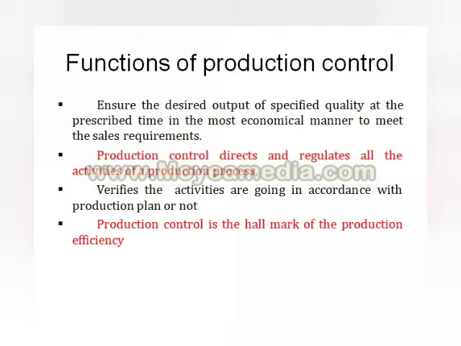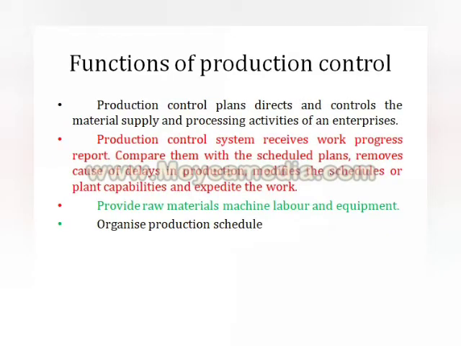Here we will do the following functions: proper provision for raw material, equipment, machines and labor. You will be organizing a production schedule in conformity with the demand forecast, where in planning, demand forecast is a major thing we will be dealing with. You can determine the economic production runs in terms of cost or your setup cost.